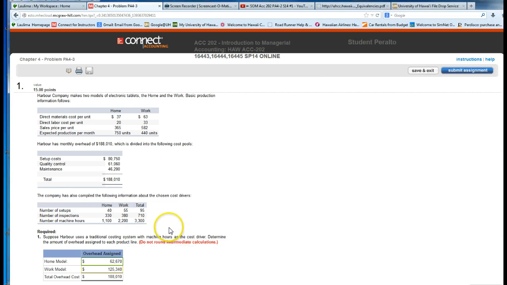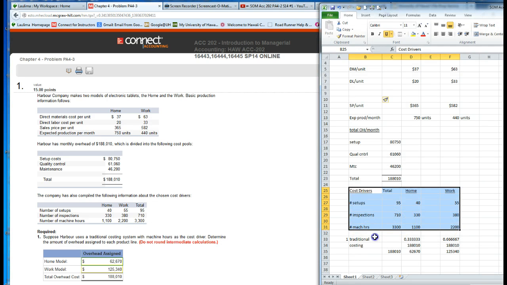Now, what I did on the spreadsheet was I added totals. Oh, I'm sorry. The totals were already here. They're given in the problem. So we have the cost drivers broken up between home product and work product, and also with a column for the totals.